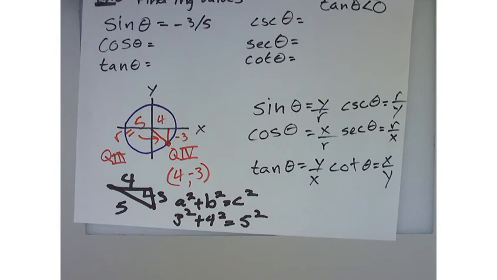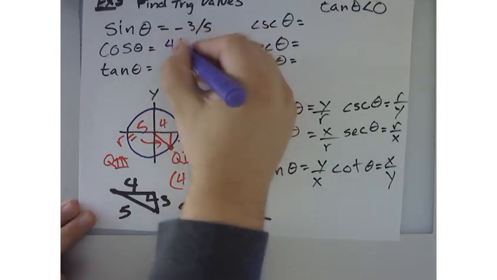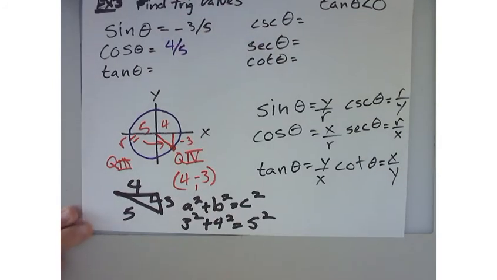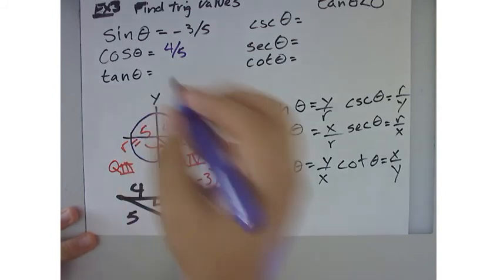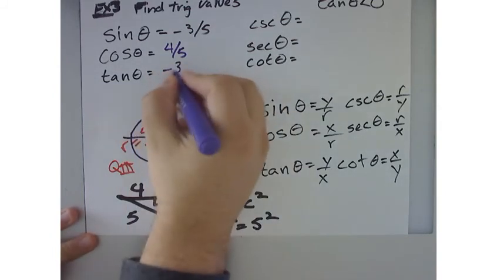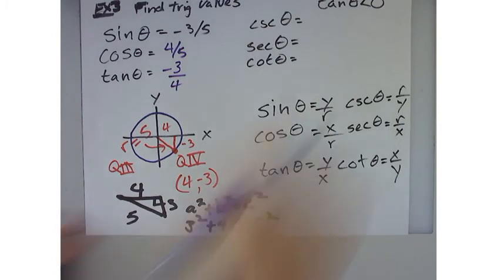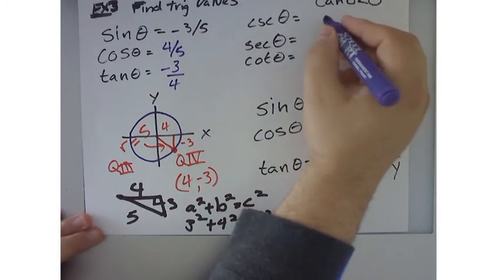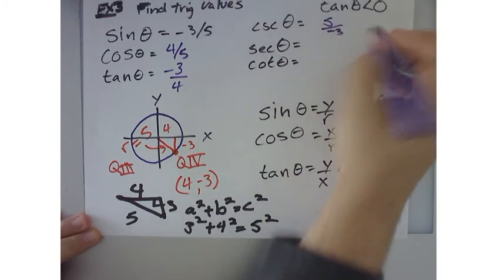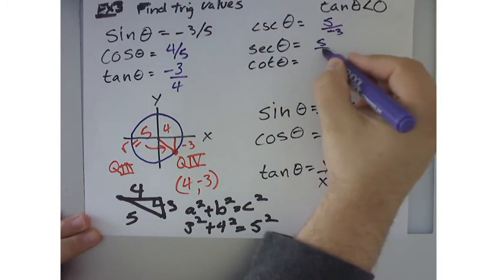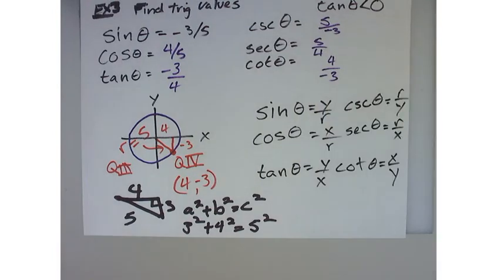It's x over r, so my x is 4 and my radius is 5. Tangent is y over x, so that would be -3 over 4. And then these are just the reciprocals. So this would be 5 over -3. The next one would be 5 over 4. And the next one would be 4 over -3. Ta-da!